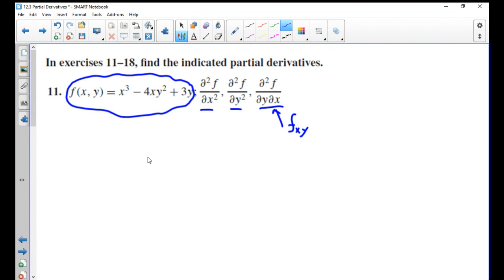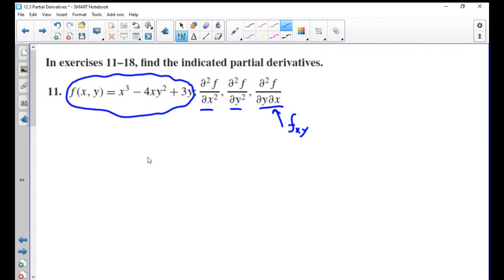Now we want fxy. We're fine with this, I hope.